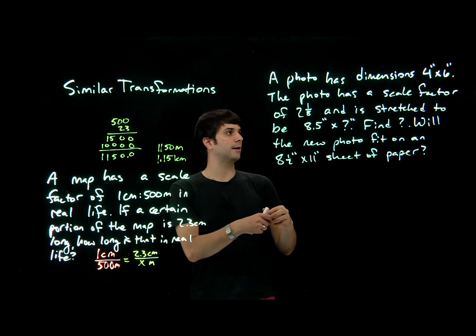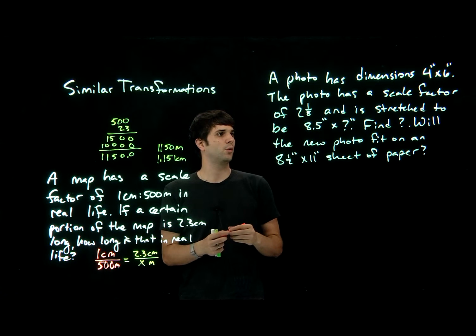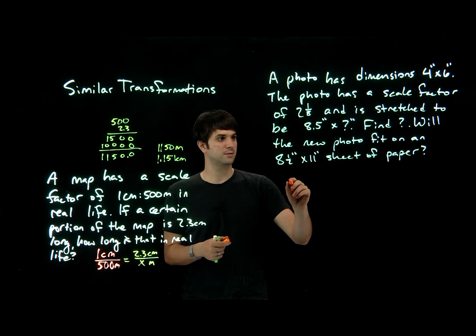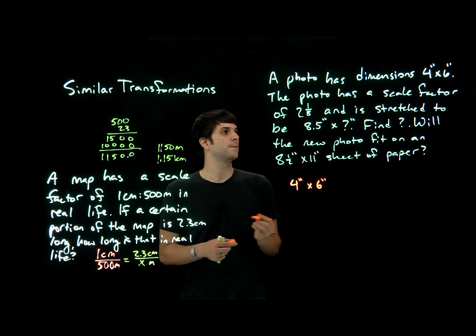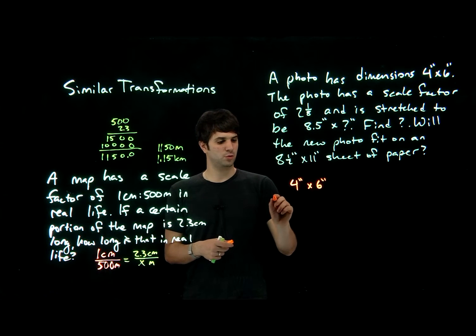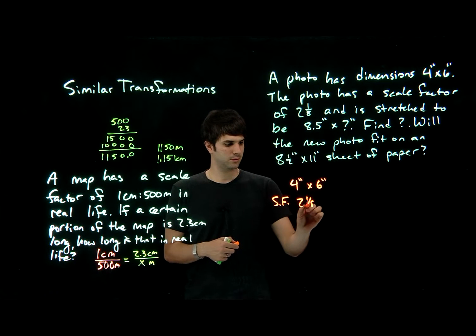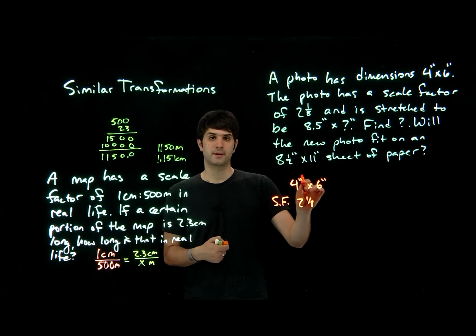So here we go. Our photo has dimensions 4 by 6, 4 inches by 6 inches, and the scale factor is 2 1/8. In other words, this number is going to be multiplied by 2 1/8.